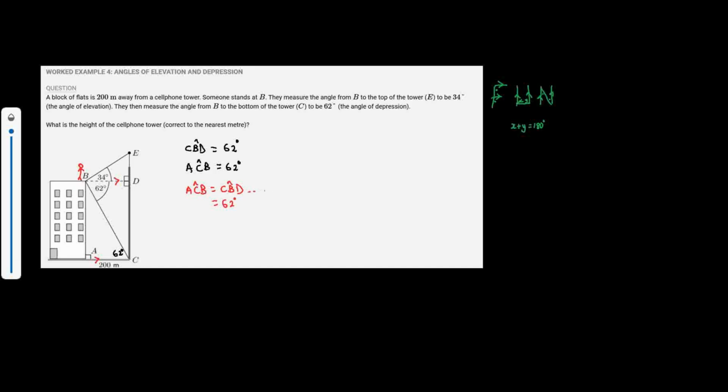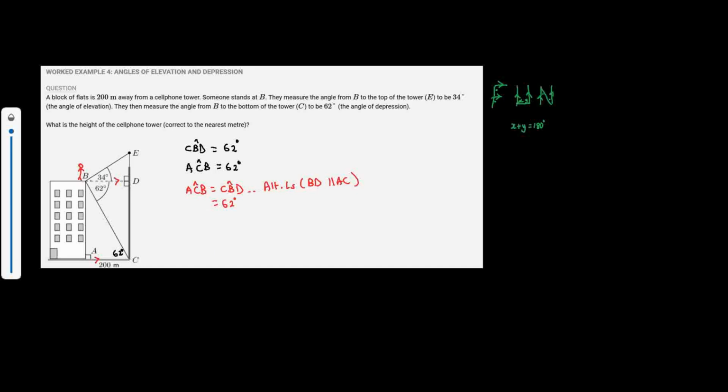And what's my reason? It's alternate angles, BD parallel to AC. By the way, when the transversal cuts parallel lines, that is when alternate angles are equal to each other. So let's answer the question.